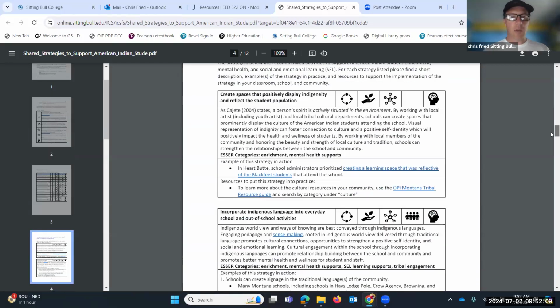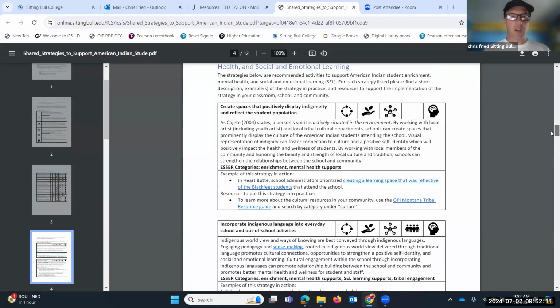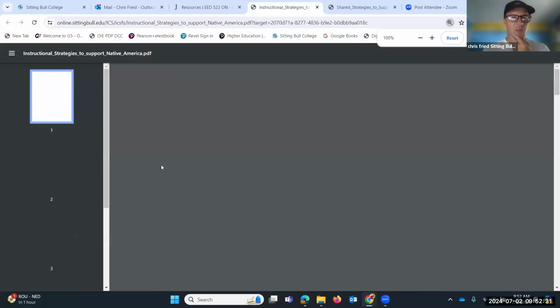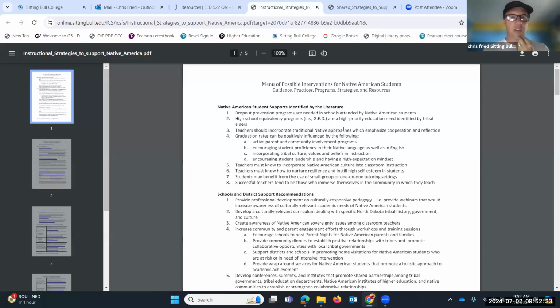As we go down here, it gives us some examples of what that looks like. This came from the Montana Department of Education, so they've got some examples specific to Montana. This document here is through the North Dakota Department of Education.